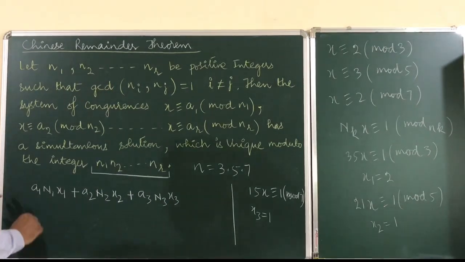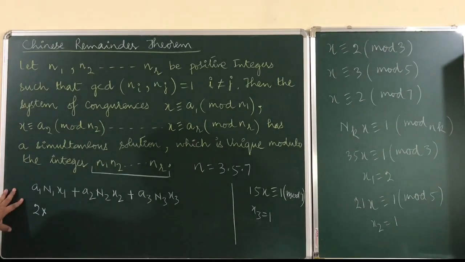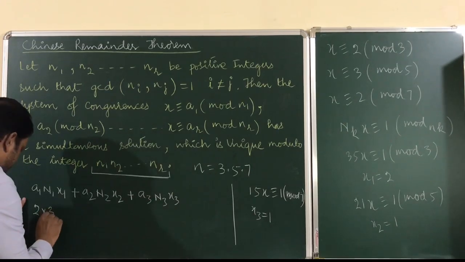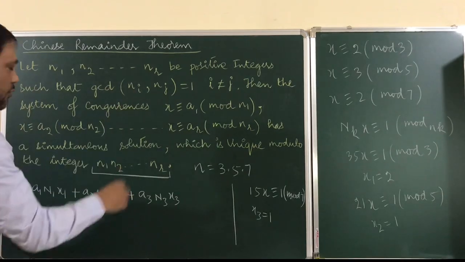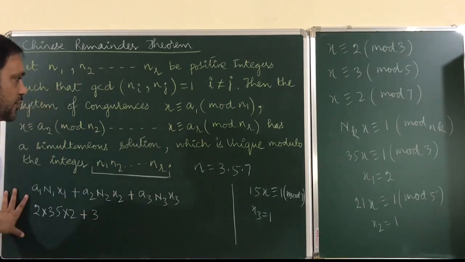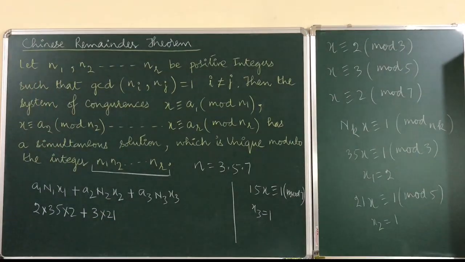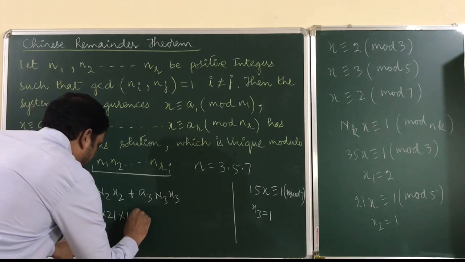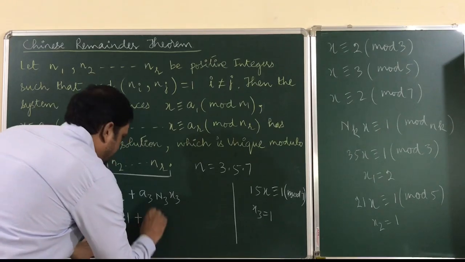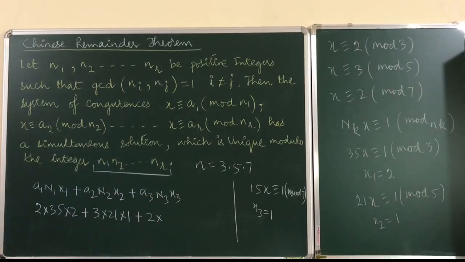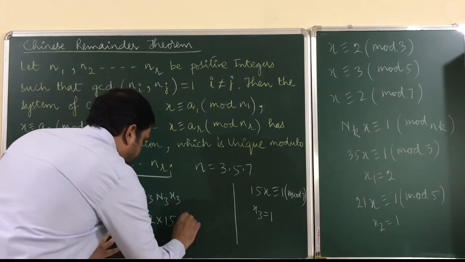The a1 is 2, so 2 times N1, which is 35, times x1, which you got as 2, plus a2 is 3, N2 is 21, and x2 is 1, plus a3 is 2, N3 is 15, and x3's value is 1.